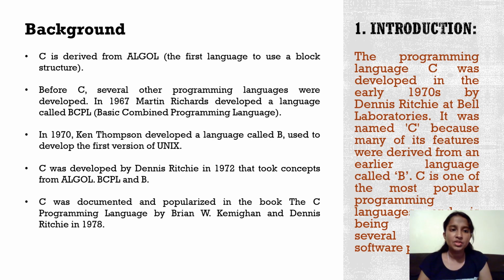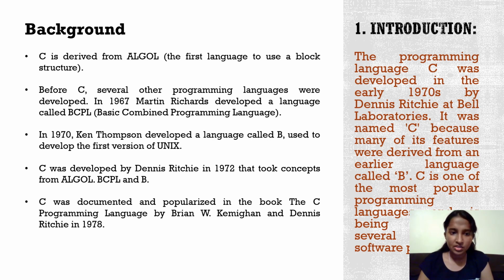Some background we can know about the C programming language: C is derived from ALGOL, the first language to use a block structure. Before C, several other programming languages were developed. In 1967, Martin developed a language called BCPL, that is Basic Combined Programming Language.